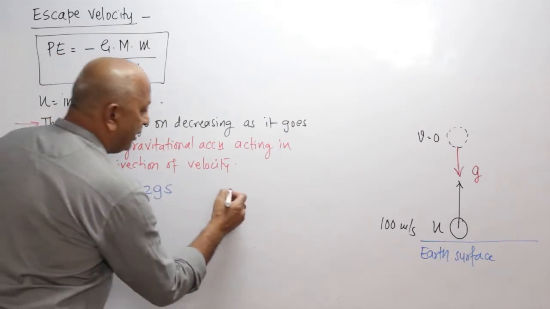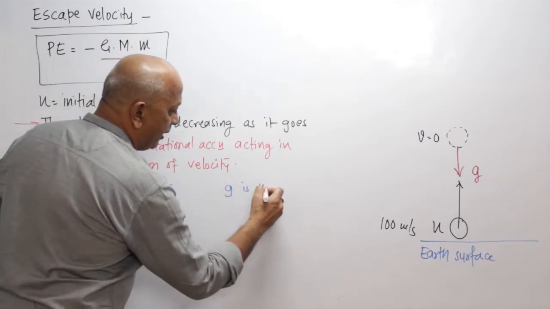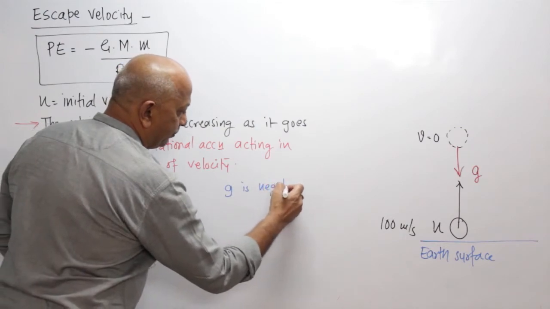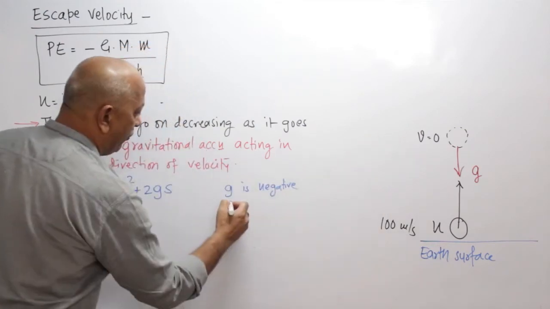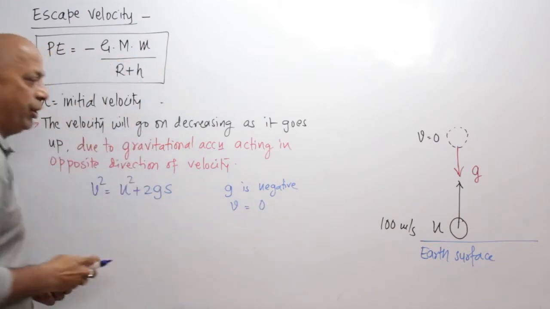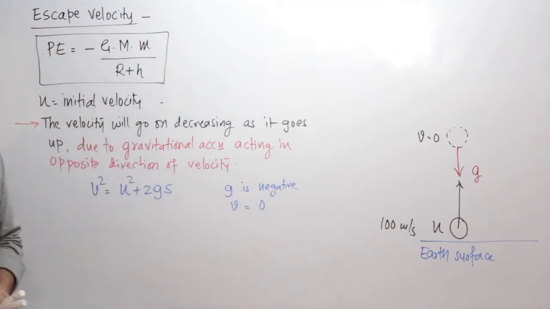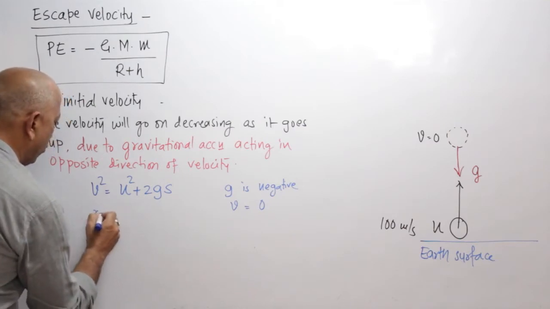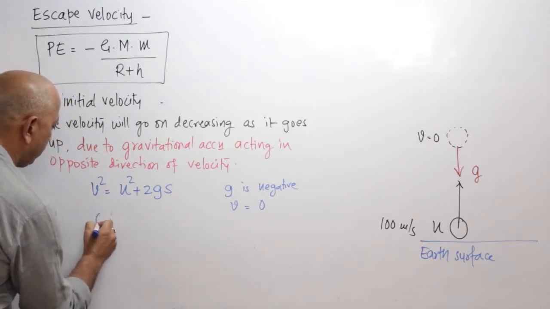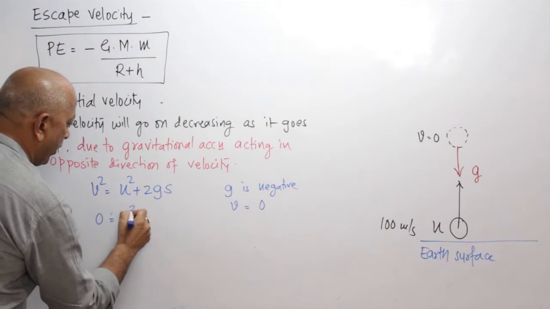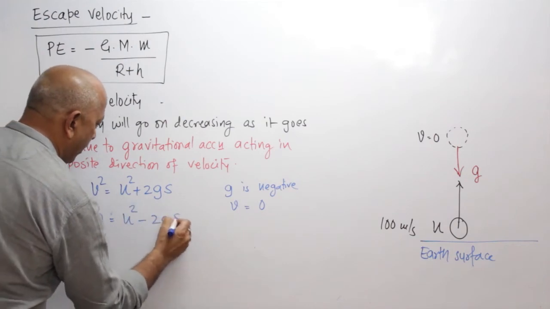But here the g is negative and final velocity v is equal to 0. So we know that 0 is equal to u square minus 2gs.